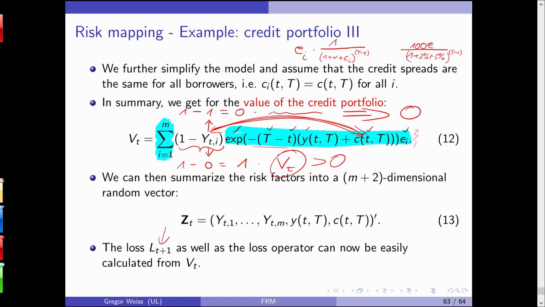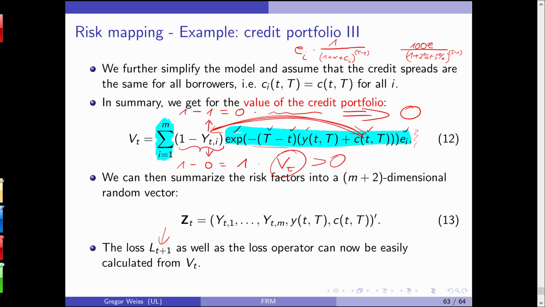Of course, they will try to use credit risk and their assessment of credit risk to set the credit spread. But it might be higher, it might be lower. So the information on credit risk is not necessarily fully reflected in default probabilities. Okay, so you have to model both.